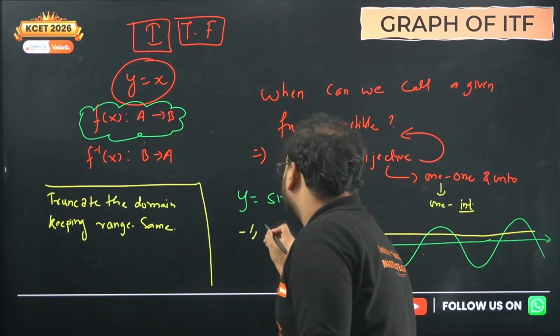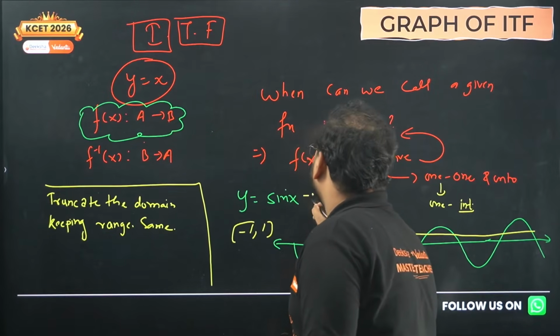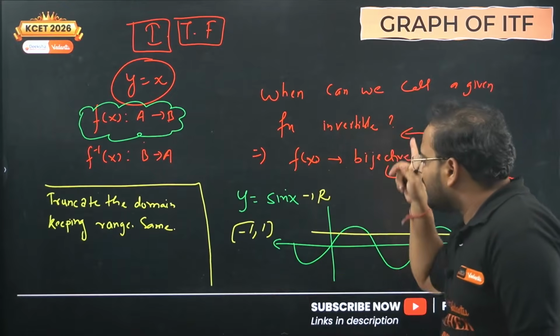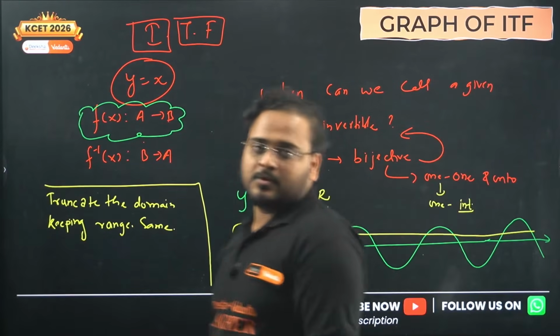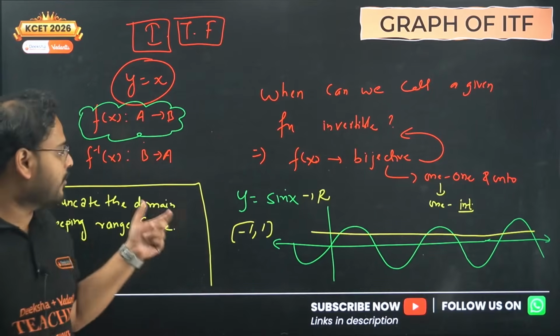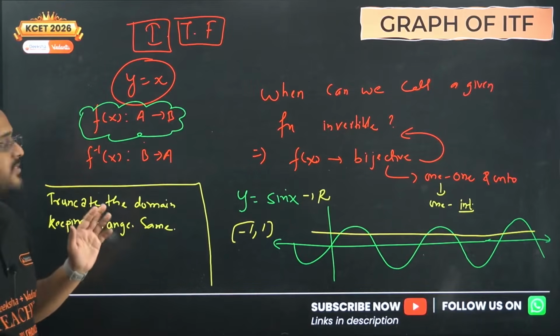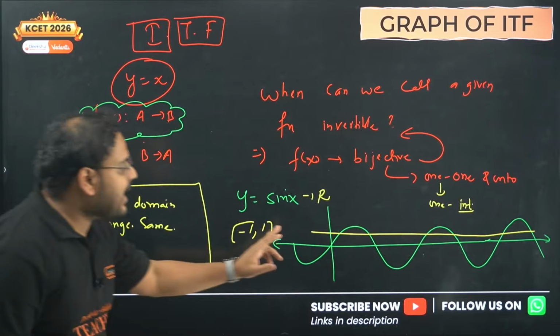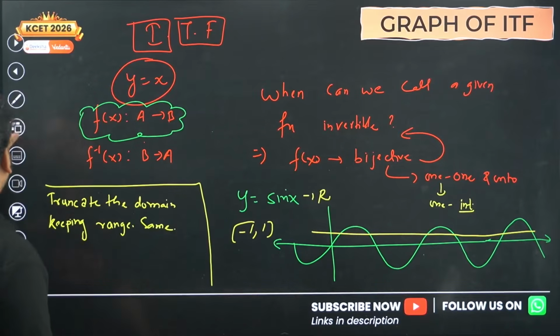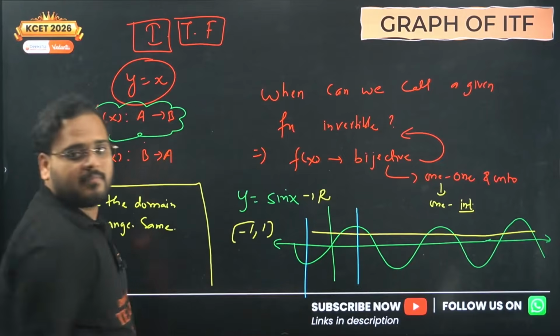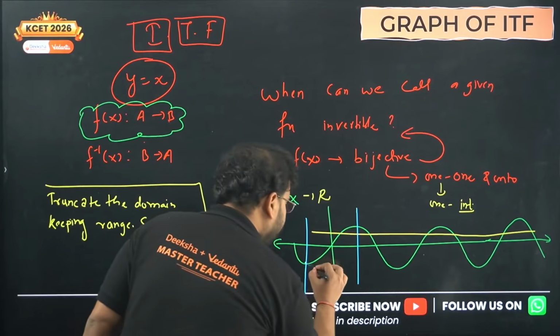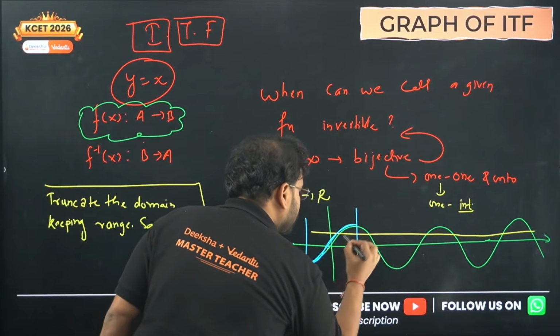Sir, -1 to 1. What's the domain here? Sir, all reals. So we're going to make a restriction on the domain without changing the range. We'll look for that part of the function, and when I show you, you'll understand this very clearly. So basically I'm going to break it down over here. If I break it like this, this is my major graph, only this much.